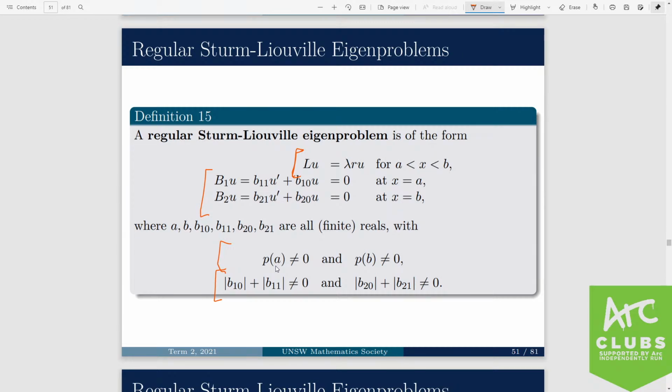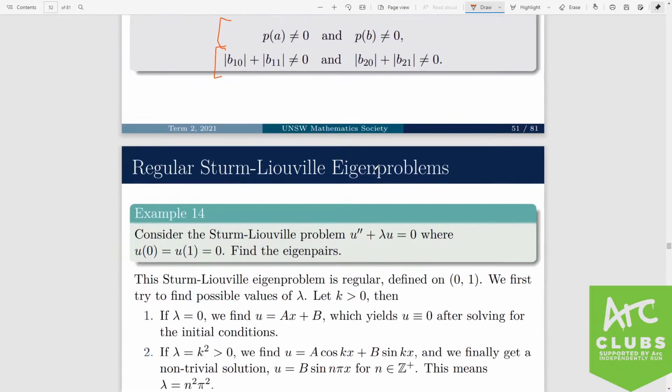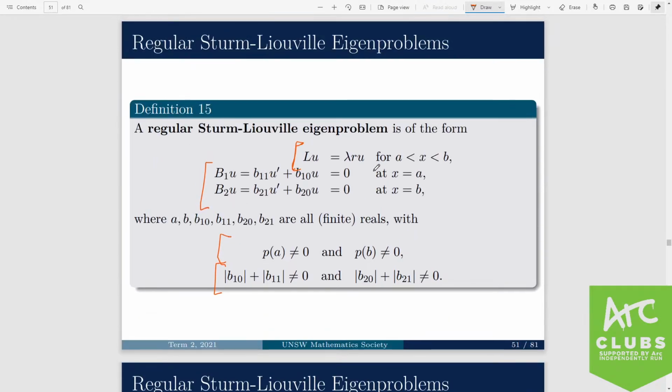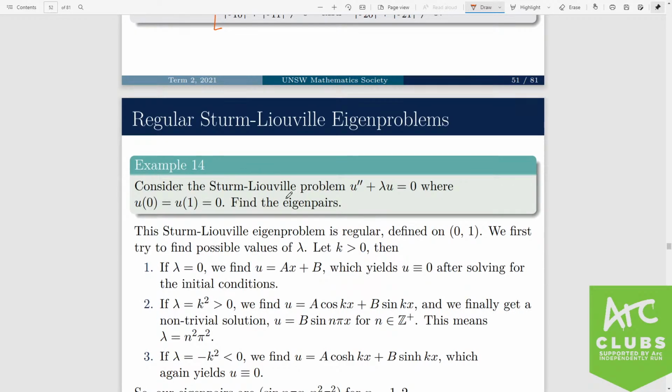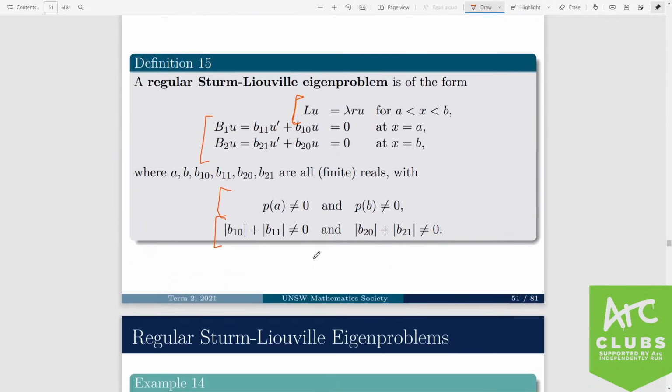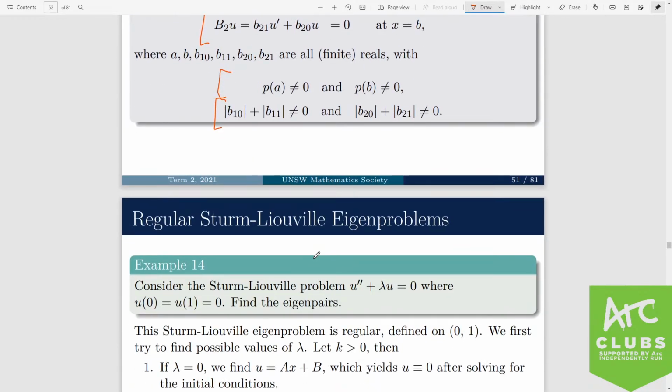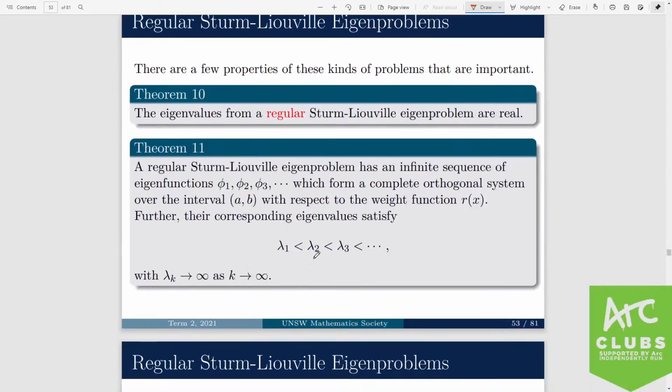And when we have a regular Sturm-Liouville eigenproblem, well, actually I went out of order there. Okay, yeah, so when you have a regular Sturm-Liouville eigenproblem, then the eigenvalues that we get will be real.